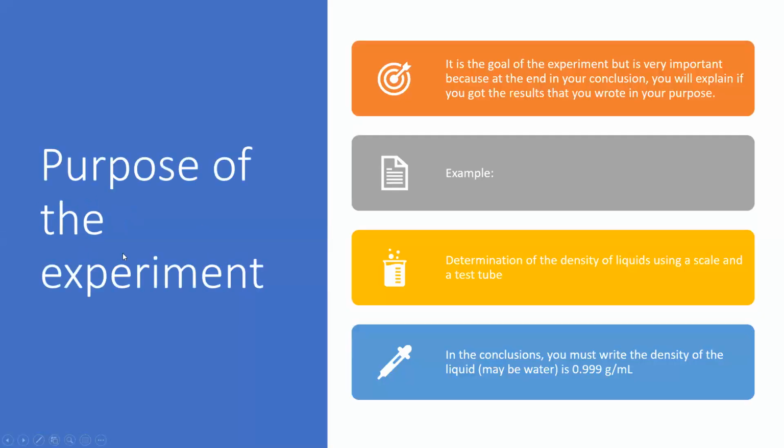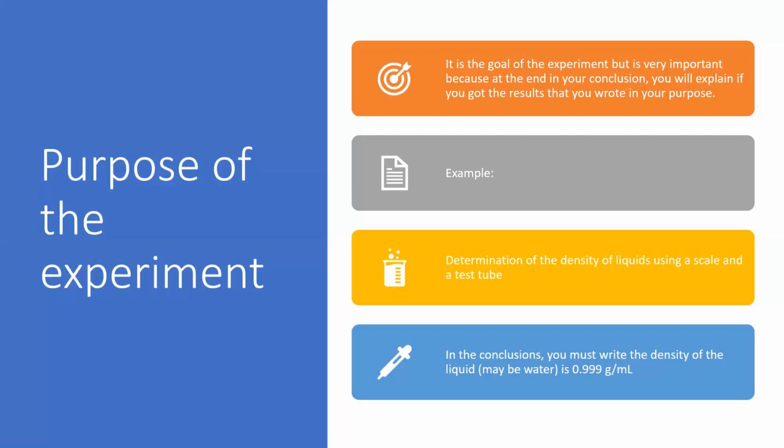The purpose of the experiment are the goals of the experiment, but they are so important because at the end of the lab, when you're going to write the conclusion, you will explain if you got the results that you wrote in your purpose. Example, determination of density of liquids using a scale and a test tube.